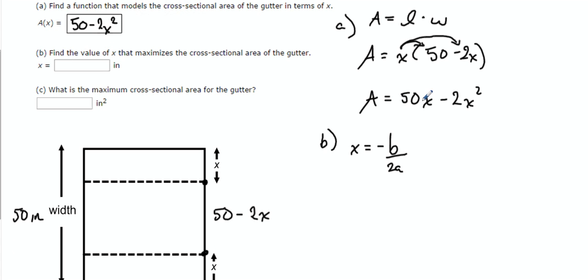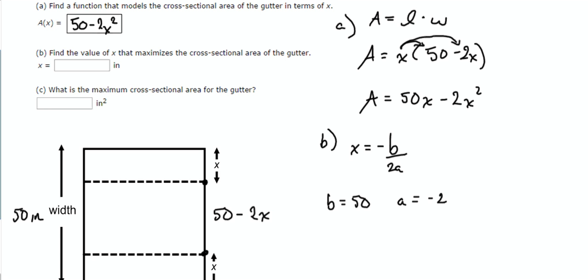Now, you do have to remember two things. b is the number that's in front of the variable raised to the first power, while a is the number that's in front of the variable raised to the second power. So this is not exactly written in standard form. Our b is actually 50, and our a is -2.